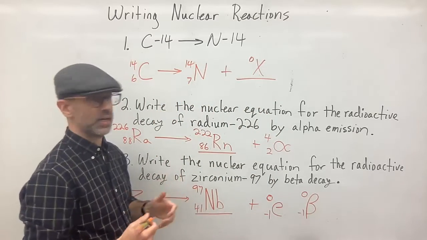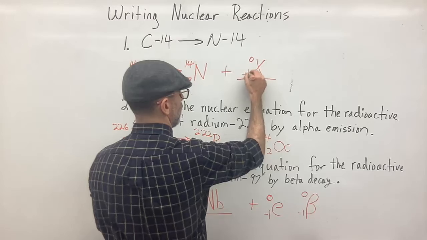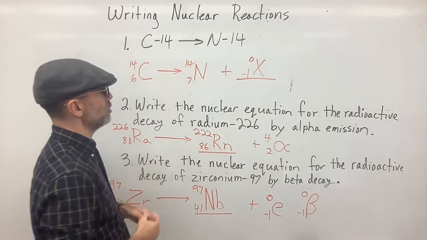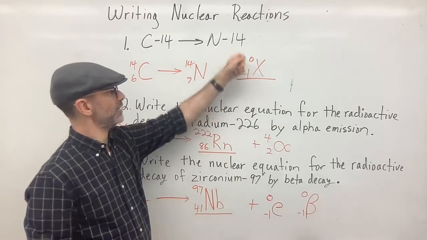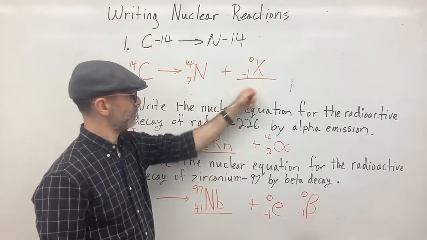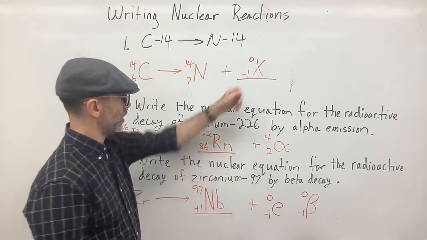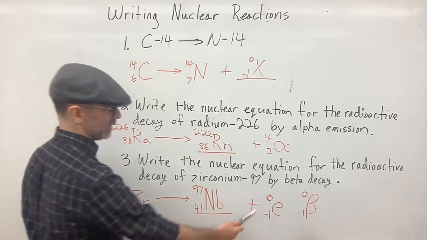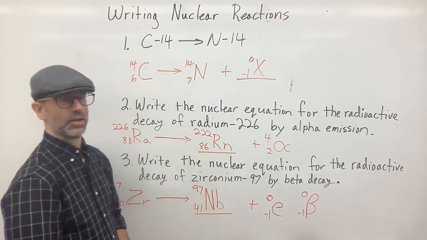Well, that's going to be -1. So that's -1. So what particle has 0 for the mass number, -1 for the atomic number here, or this bottom number? Well, we just saw that. It's this one here. It's a beta particle.